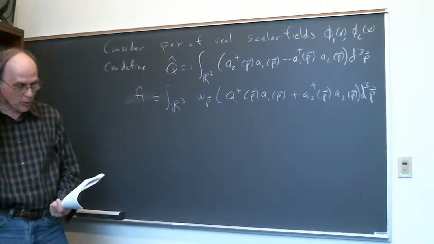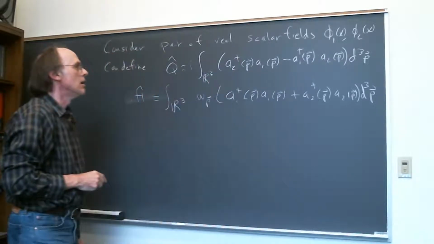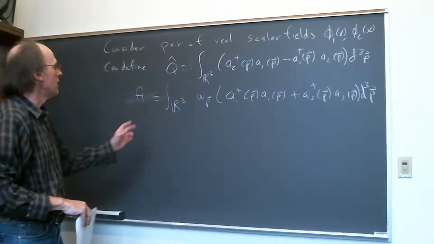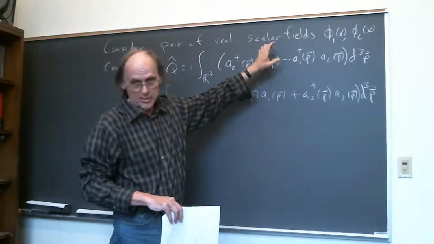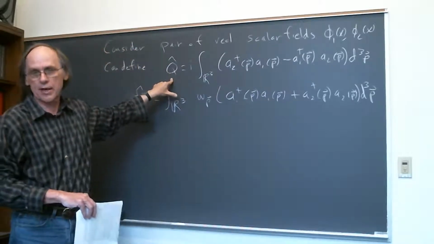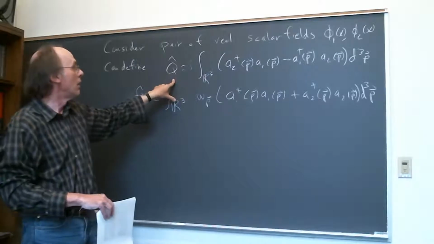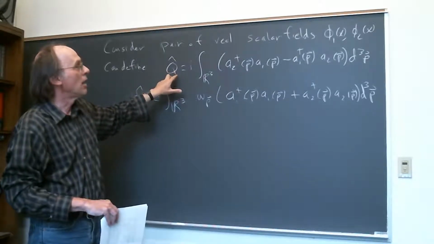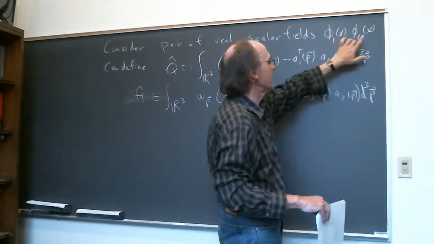But what I'd like to do is change variables so that this operator is diagonalized, so that it has eigenvalues plus or minus 1 acting on the space of these things.